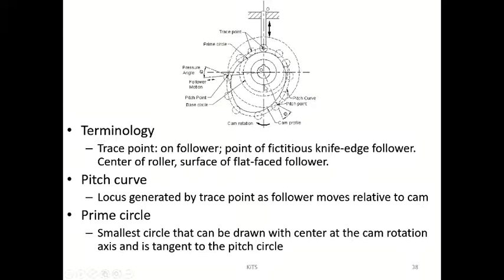First one, base circle. See the arrow. This inner dotted circle is the base circle. Without the base circle radius, you cannot develop a cam or draw a cam profile. If you want to draw the cam profile, you should know this base circle radius.